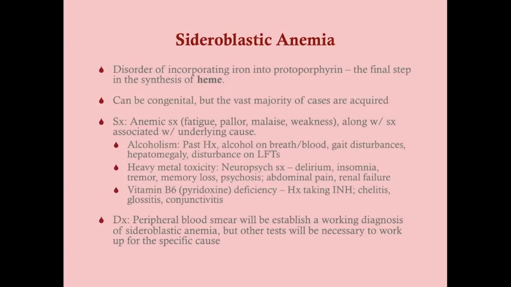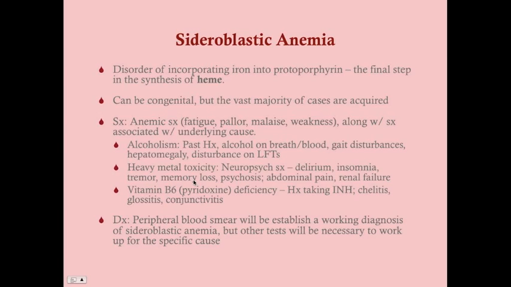So with alcoholism, think of past history, alcohol smell on breath, or alcohol in the blood, gait disturbances, hepatomegaly, disturbances on liver function tests. Chronic alcoholism can cause sideroblastic anemia. Heavy metal toxicity can cause neuropsych symptoms, delirium, insomnia, tremor, memory loss, psychosis, abdominal pain, and renal failure. By far, lead toxicity is going to be the one that's associated with sideroblastic anemia.